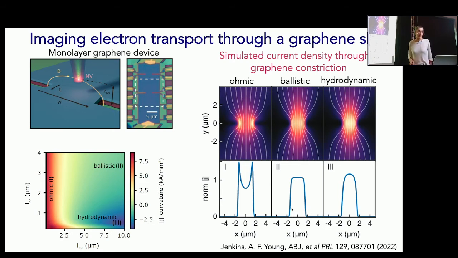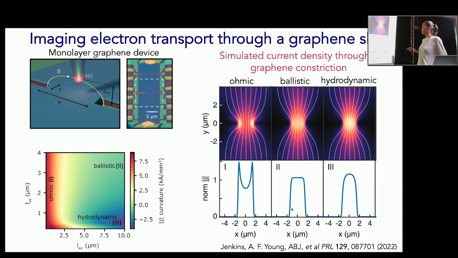So together with Andrea Young at UCSB, who fabricated monolayer graphene devices, and in these devices they formed a slit. The reason that we formed a slit in these devices is because the spatial distribution of electronic transport through the slit will have signatures that are characteristic of these different flow regimes.